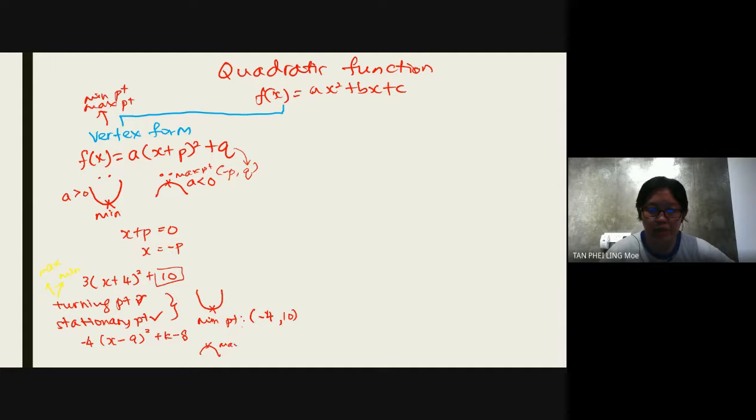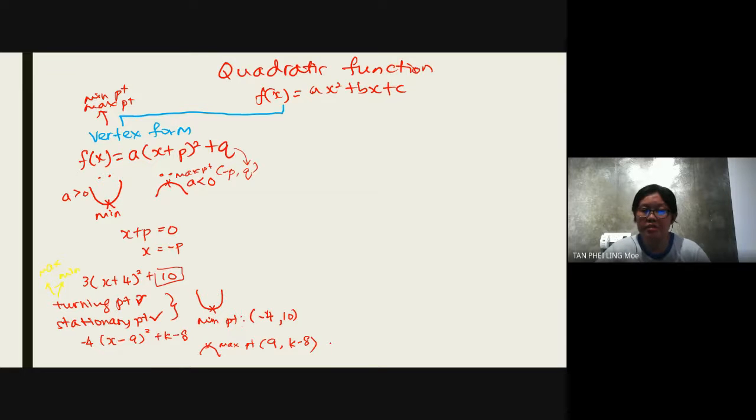And then you know that the x will be 9 here. Now, what is the q, which means the y coordinate of this maximum point? Can you just take k, or can you just take minus 8? No, right? We have to take the whole thing, which is k minus 8. If this is a minus, you carry the minus together. Is that okay? It's just the whole thing.